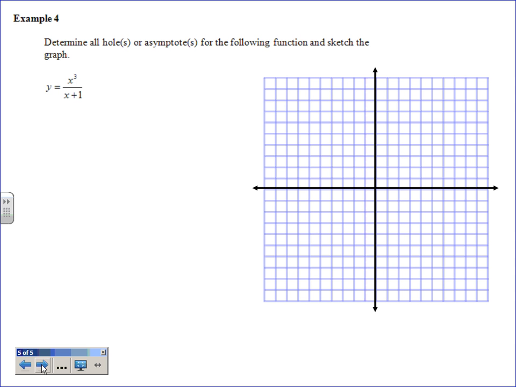All right, let's take a look. First question, determine all holes. No holes, how come? Why? You can't cancel anything out.